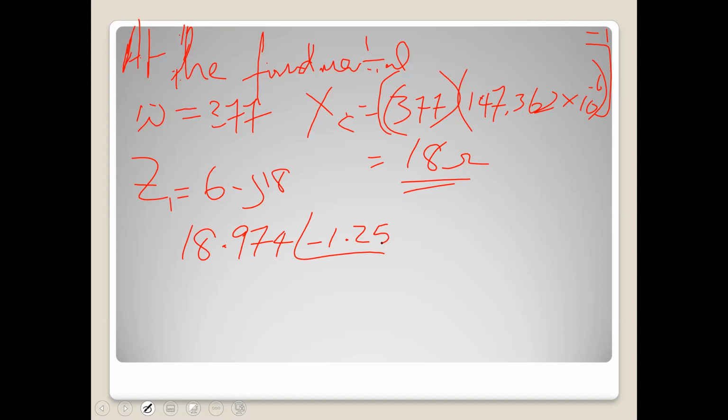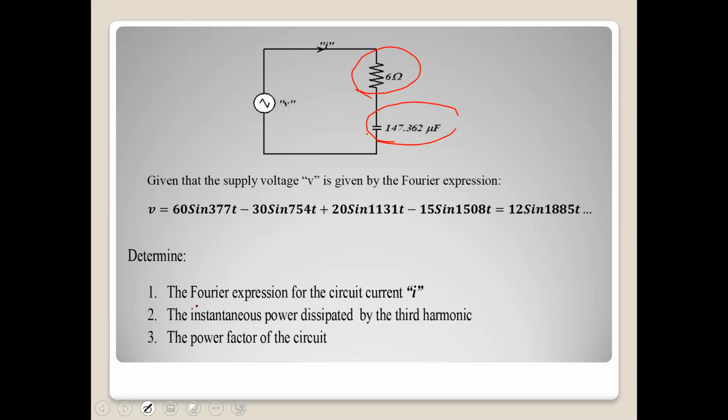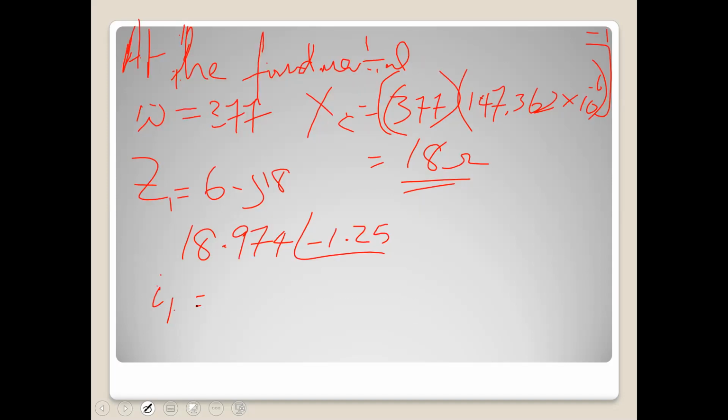So I1, the voltage was 60, so we have 60 divided by that.